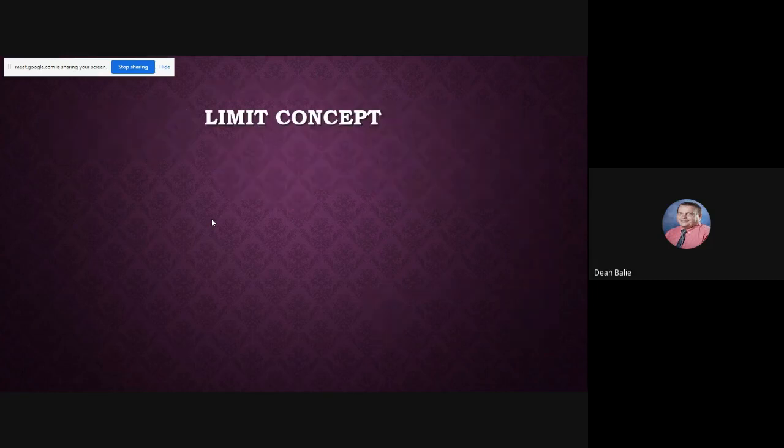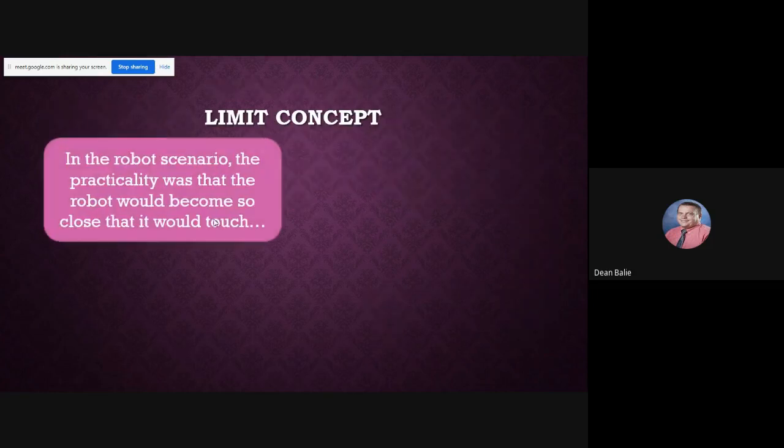And that is the idea behind the limit concept. In practice, because the distance between itself and the wall was so infinitely small, it would probably bump into it at some stage.